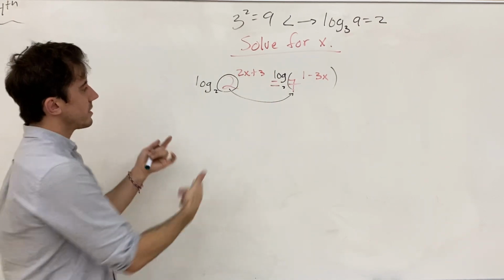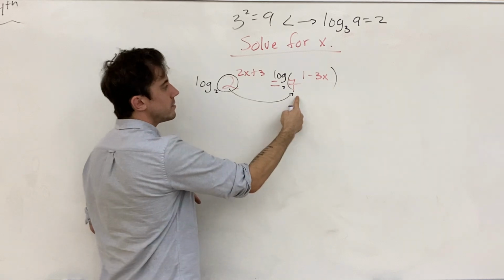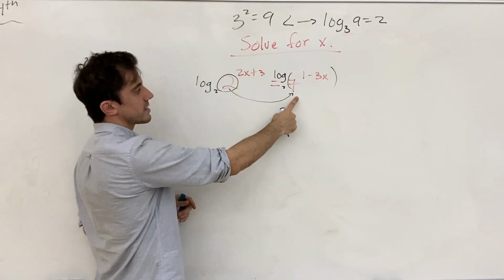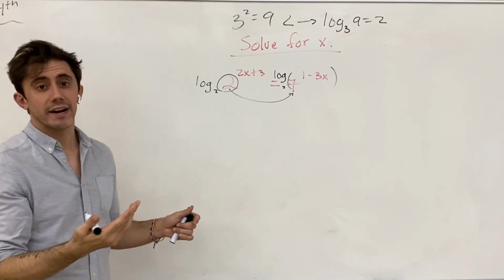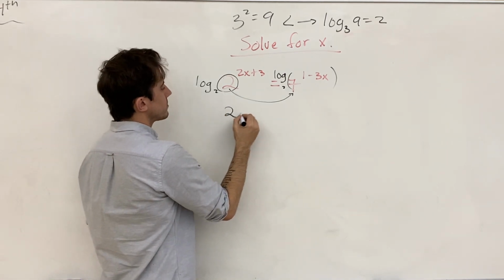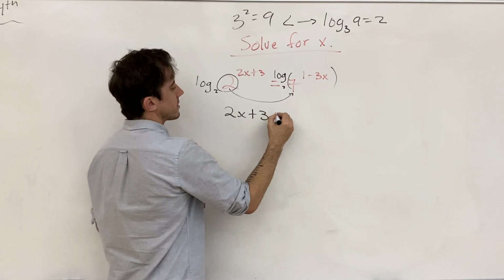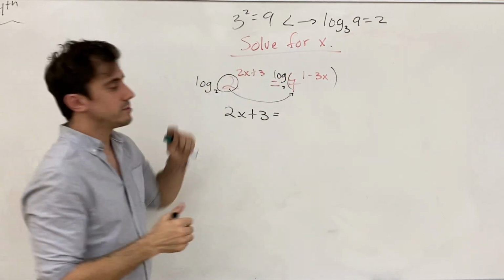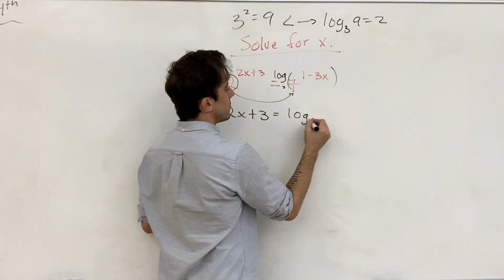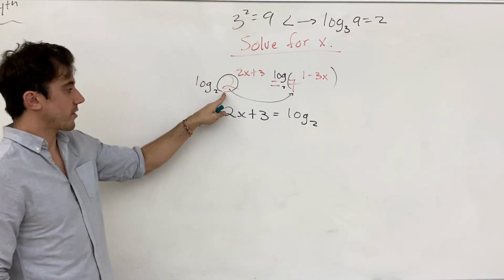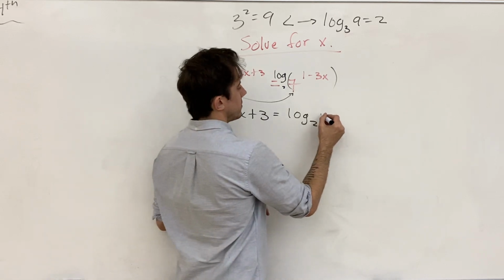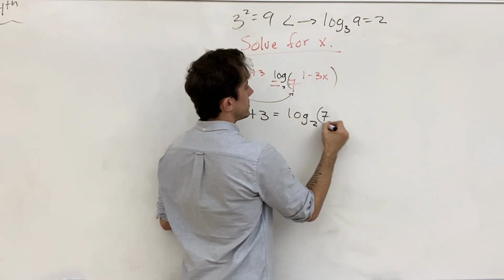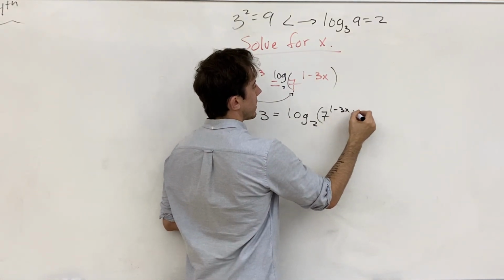And so we can just pretend the 2 pops down on the other side as the base of a log. Either way you want to write it out, we get that 2x plus 3 on the left-hand side is equal to log base 2, again, the base of our exponential becomes the base of our log, of 7 to the 1 minus 3x.